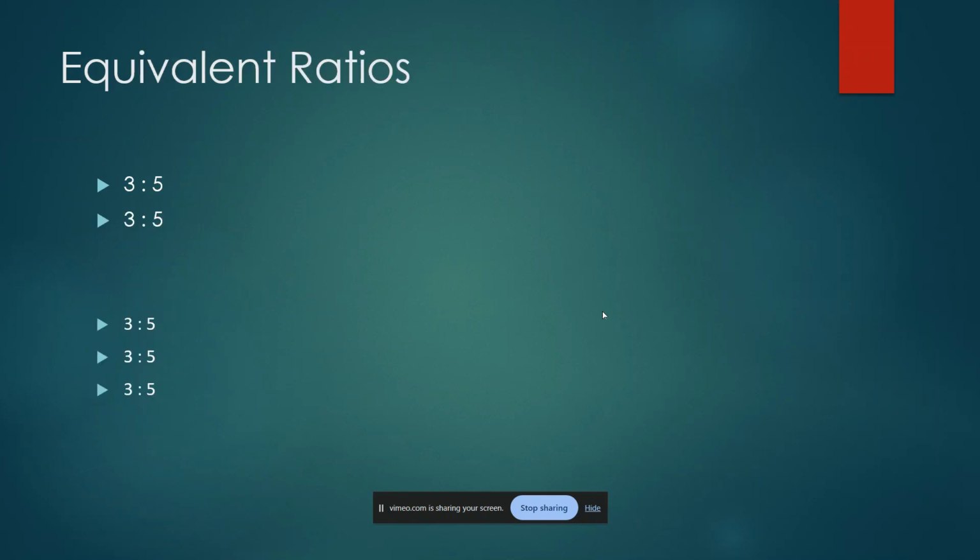Okay, so this is quite an important one as well, the idea of equivalent ratios. So in this top example, I've got 8 items here, right? And I've split them in the ratio 3 to 5. So 3 are on this side and 5 are on this side. And then I've got another 3, and another 5. So this is the important thing about ratio.